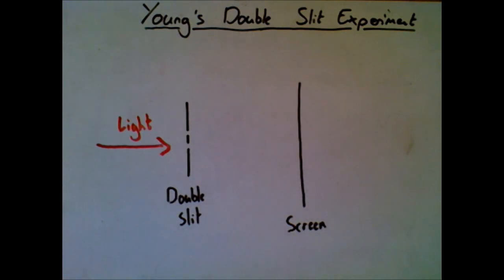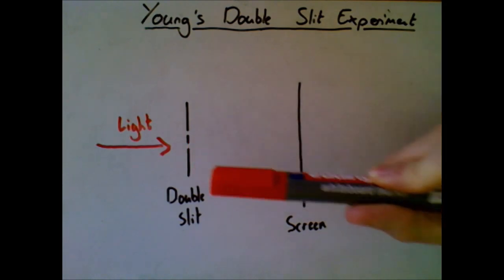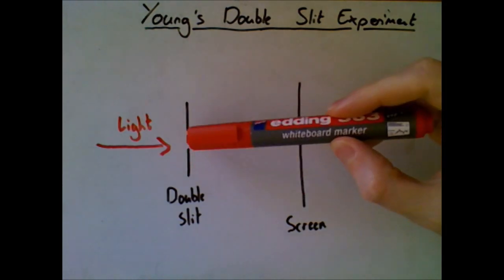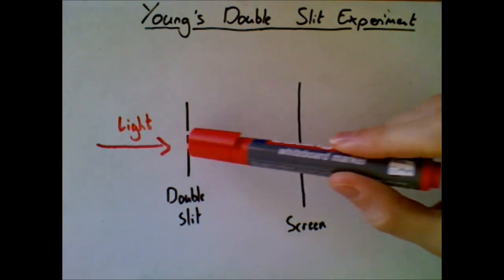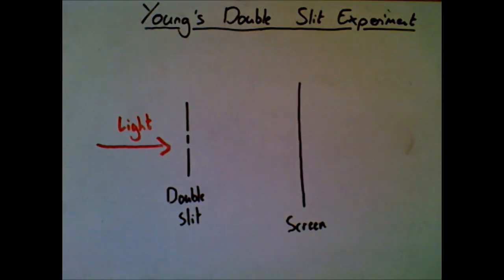I've only got one source of light. Well, yeah. This double slit is creating, effectively, two sources. So once the light goes through the double slit, you can consider each slit almost as a source of the light. Now, in order to make sure those are coherent, there are two possibilities.